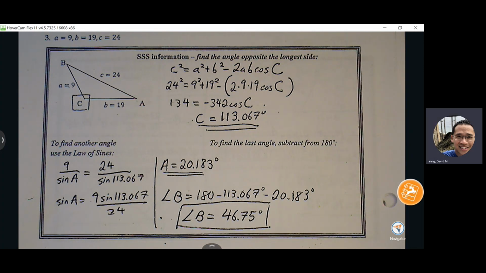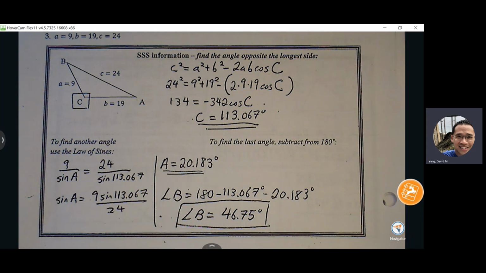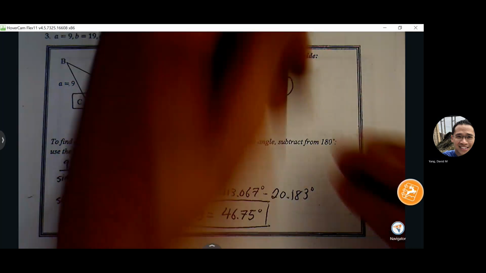Okay, let me try again. So it's 130. Negative 340. 340.